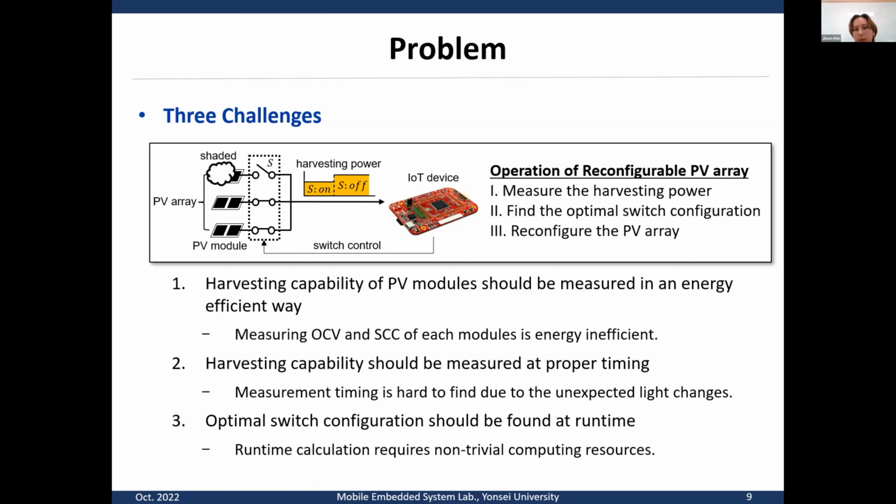Second, harvesting capability should be measured at proper timing. In an indoor environment, harvestable light changes unexpectedly depending on device movement and light condition. So proper measurement timing is hard to decide. Third, the optimal switch configuration of a PV array should be found at runtime. However, the calculation of this is very complex, while low power indoor IoT devices have limited computing resources.